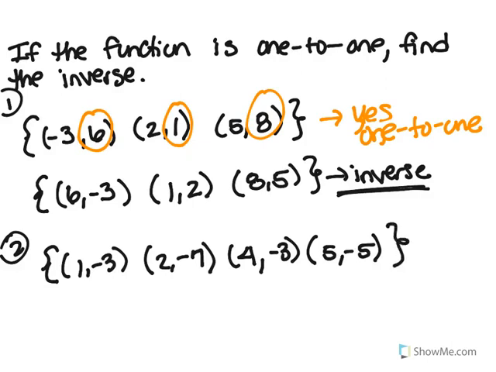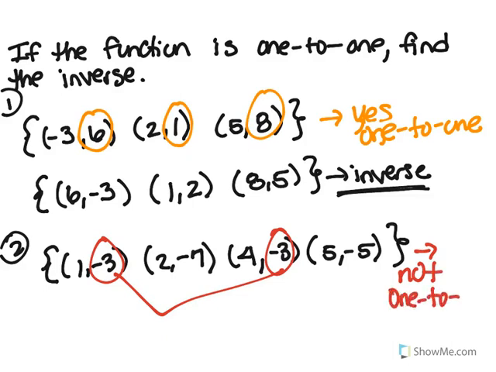Would they be 1 to 1? Well, the answer would be no, because in the y spot, your negative 3 is repeating. So this one would be not 1 to 1, which means it doesn't have an inverse.